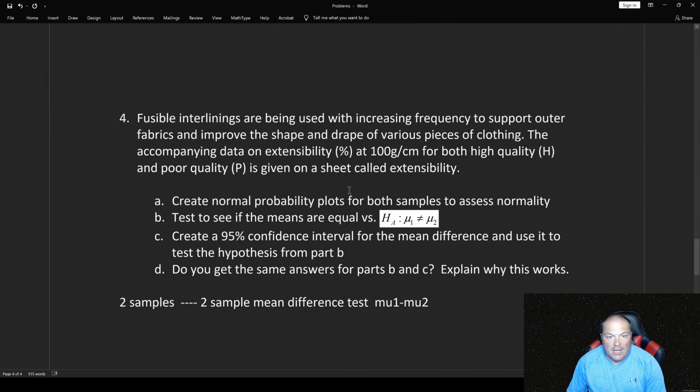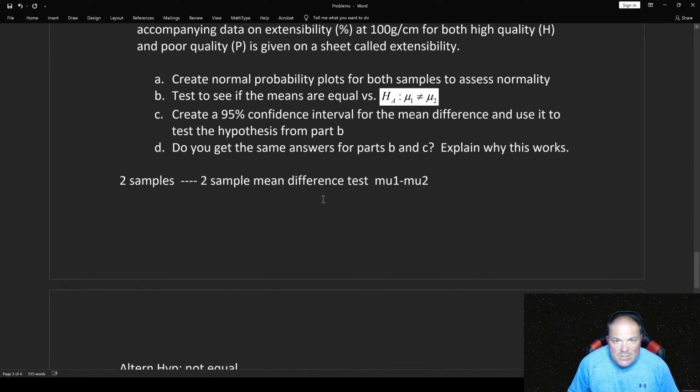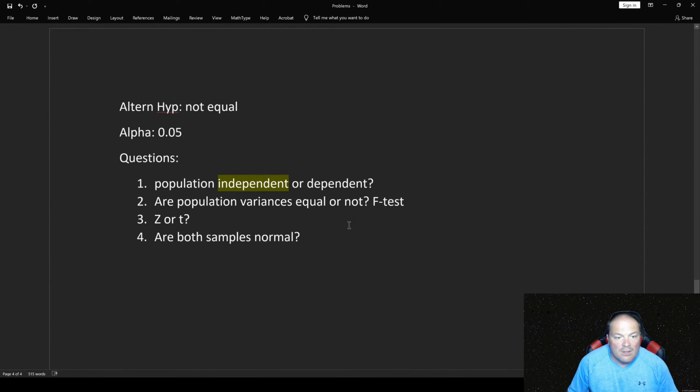Nowhere here does it talk about historical variances, like we expect the variances to be this, based on history or long-term data. We hear none of that. So we're going to assume that we don't know the variances. So variances are not known.